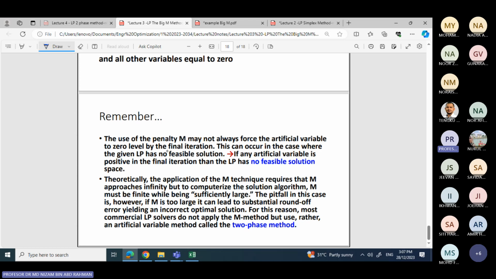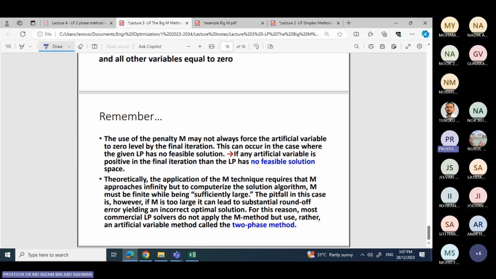If this is the case, then you have to declare that the linear programming problem has no feasible solution. If any artificial variable is positive in the final iteration, then the linear programming problem has no feasible solution space. That's what it meant.